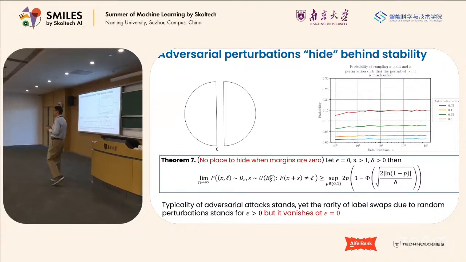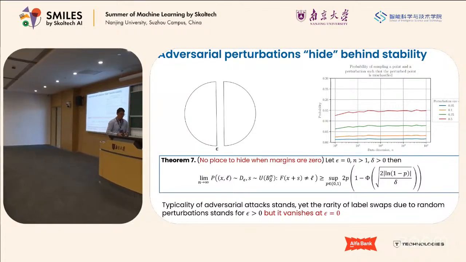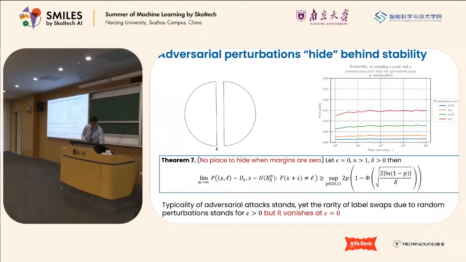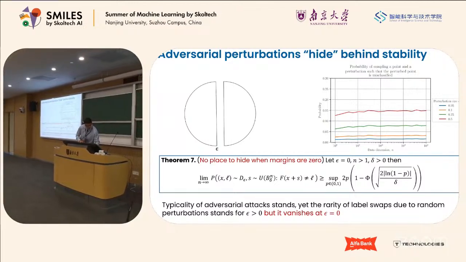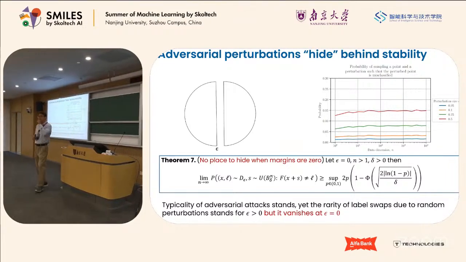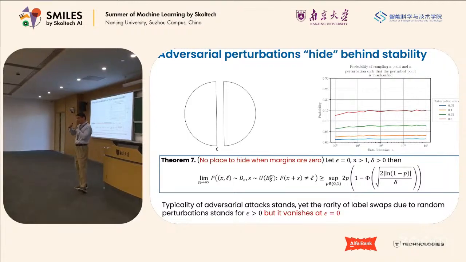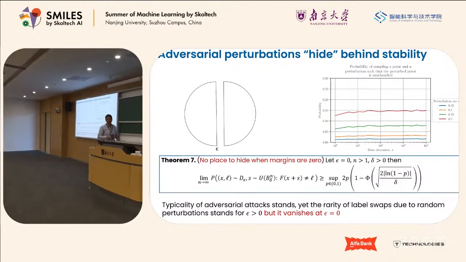When your solution is somewhat stable, you have this problem when adversarial attacks exist, but you cannot spot them by randomly perturbing your data. You see, there is a bit of stealthiness occurring here.